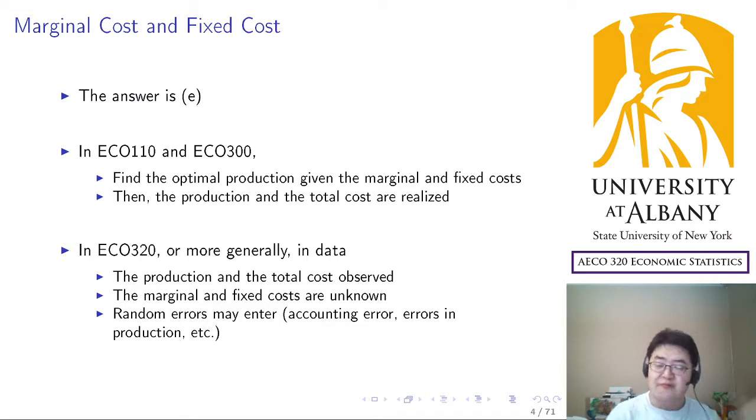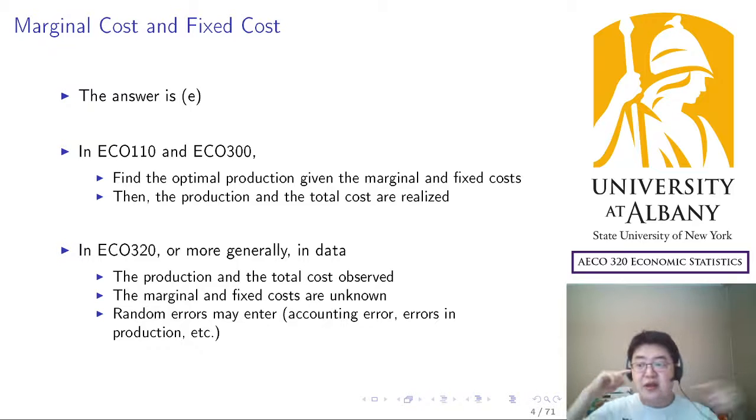That's what you observe. Then you have to go the other way. In practice, you know the quantity, you know the price, and you know they are optimal, they are the equilibrium. However, you don't know the cost function.